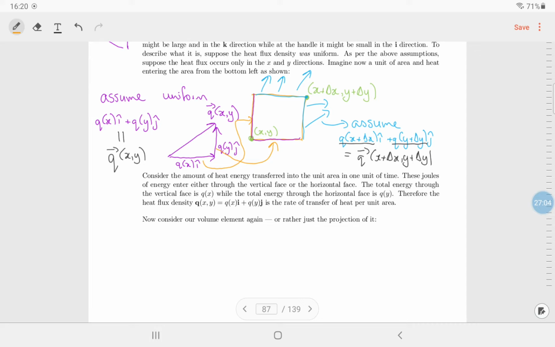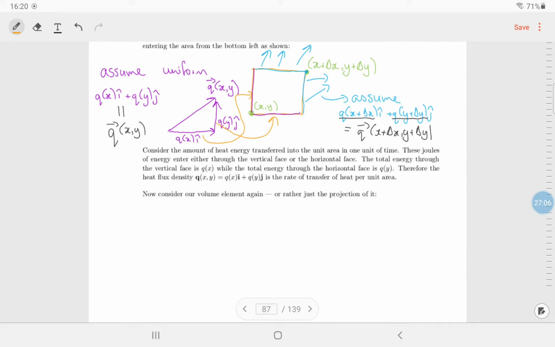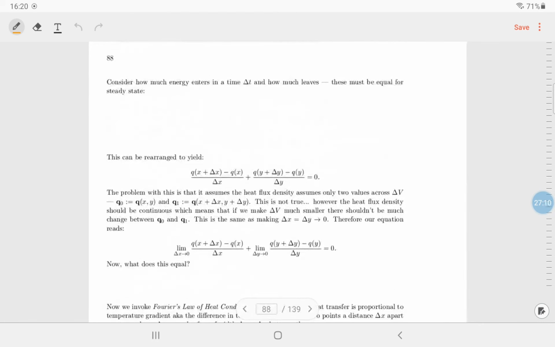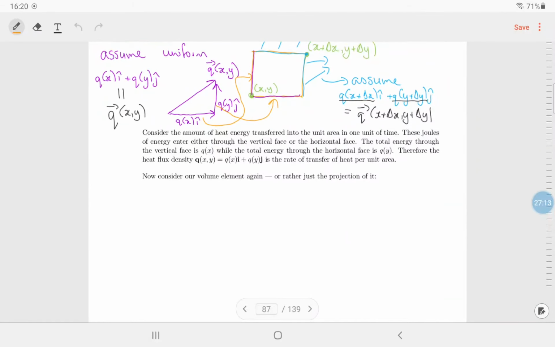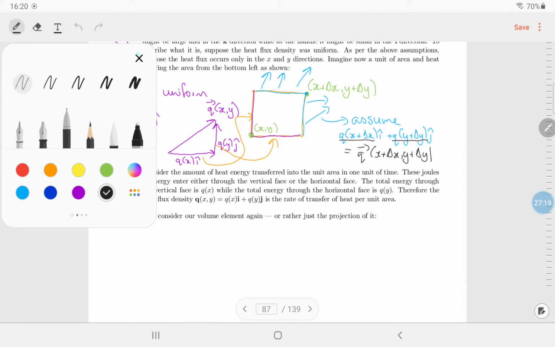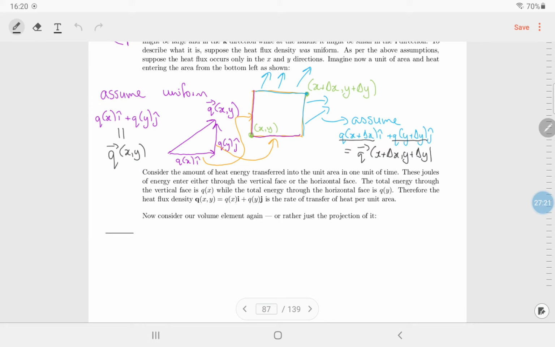So am I drawing it again? I don't think I will. I think we're just going to write down how much goes in. So heat in, time delta t.